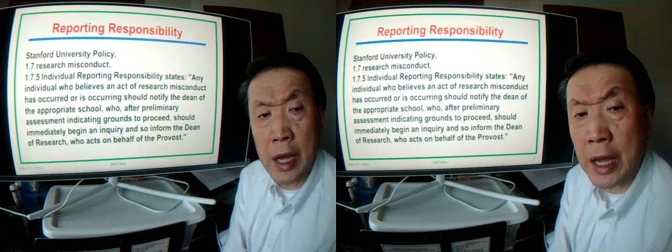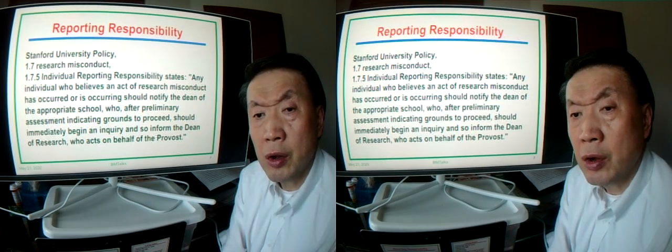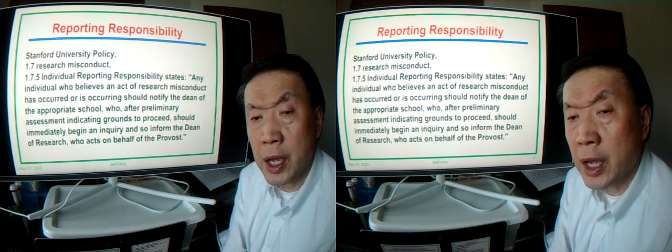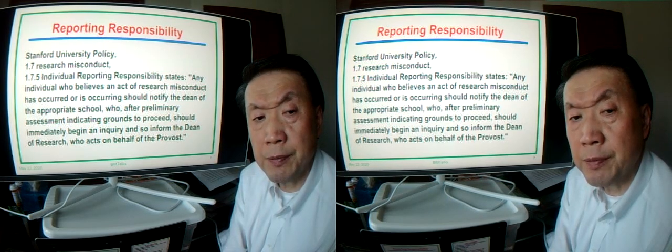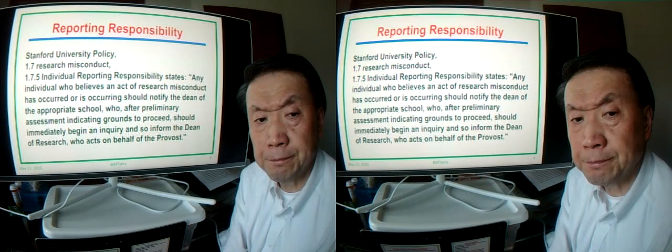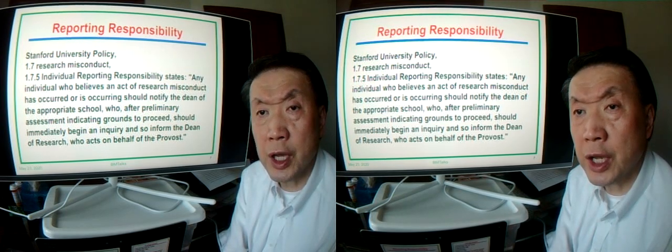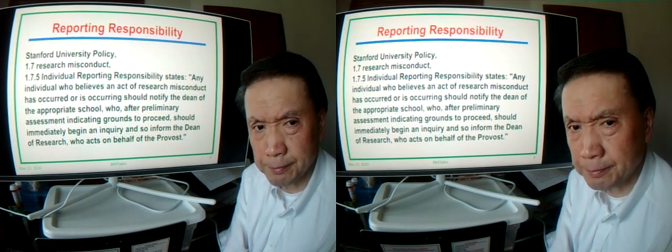So university officials have the responsibility to investigate, and Stanford University is just one of the examples.